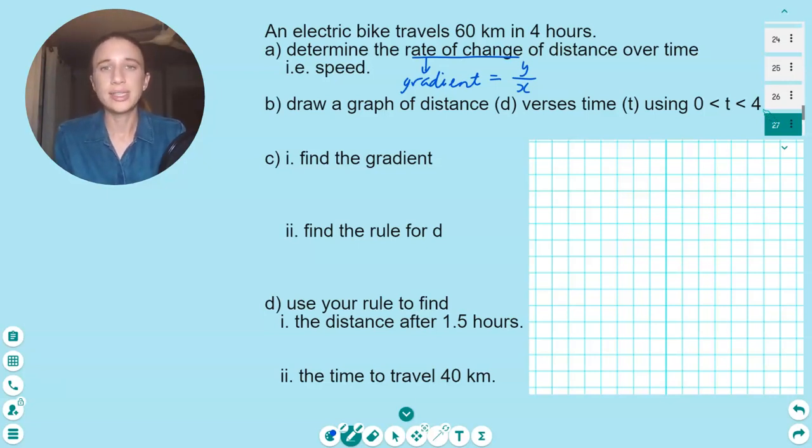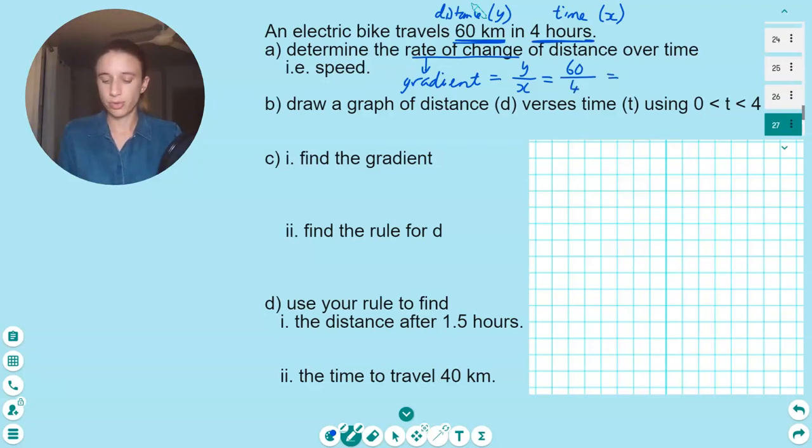All right, we've got distance and we've got time. And I know that time is always our x variable. Time is always on the x-axis. That means that distance should be our y variable. And I'm just going to substitute them in. So the gradient is y over x. So we've got some values. We've got 60 over 4.